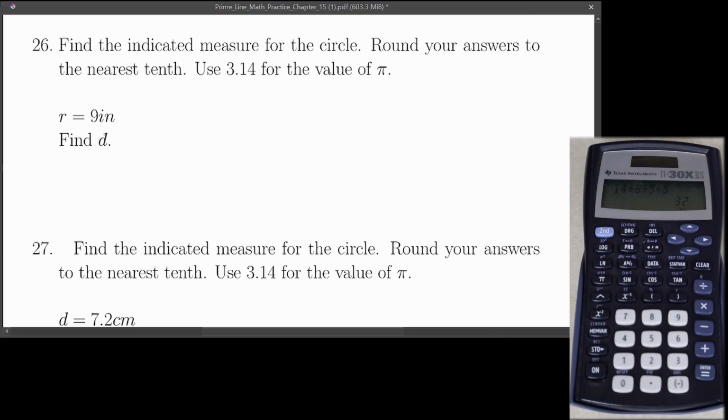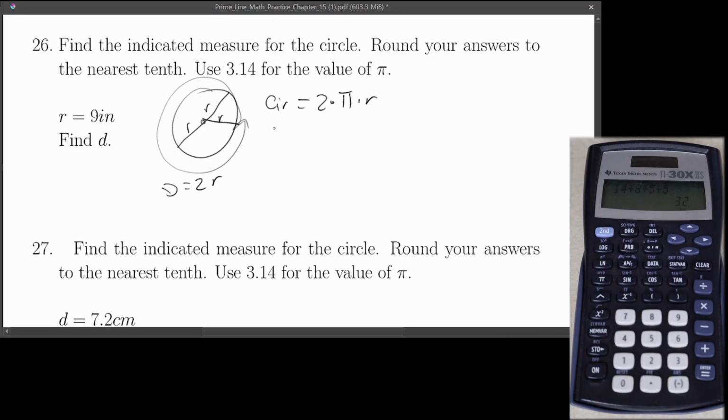On this one, we want to find the diameter. So realize that if we have a circle, if we measure from here out, that's our radius. If we measure all the way across, that is our diameter, which is also a radius plus a radius, or 2 times the radius. When we want to calculate the measure around the outside of a circle, we call that the circumference, and that is equal to 2 times pi times the radius.